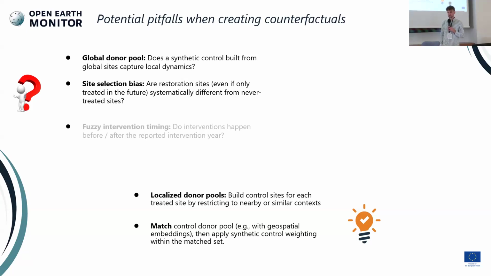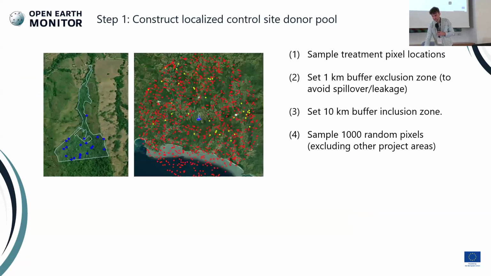So we build new control sites for each treated site, and then we match these. This is how it looks in practice. So this would be one of the restoration sites with quite a complex geometry. Then we create a buffer around it of about 10 kilometers for potential pixel locations which have similar characteristics to the ones in the treatment site.